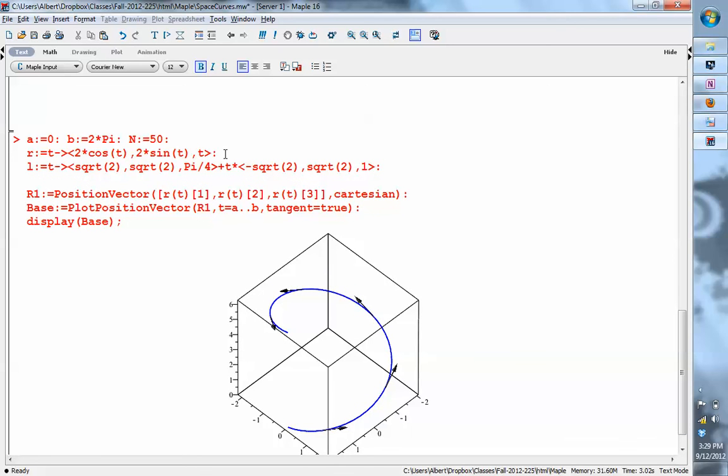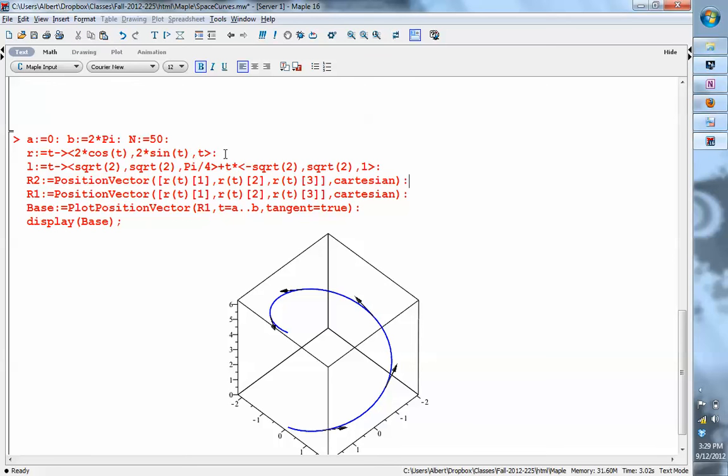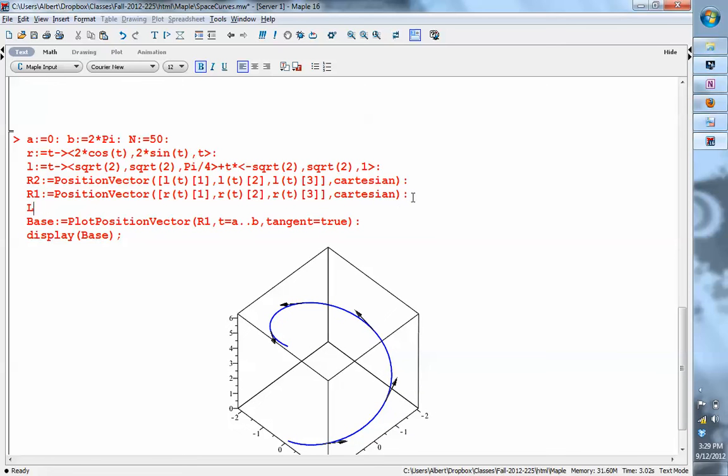And let's get R2 equals, and let's call that L. Really? You're not going to type for me anymore? There we go. Okay, and let's get the line.